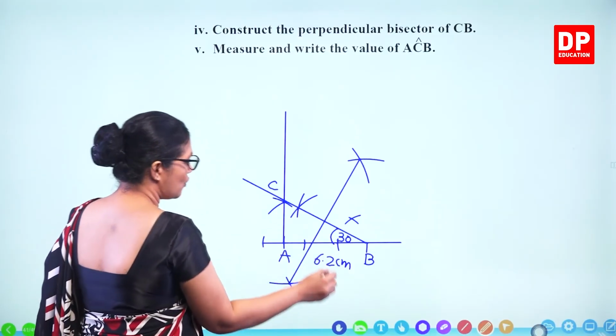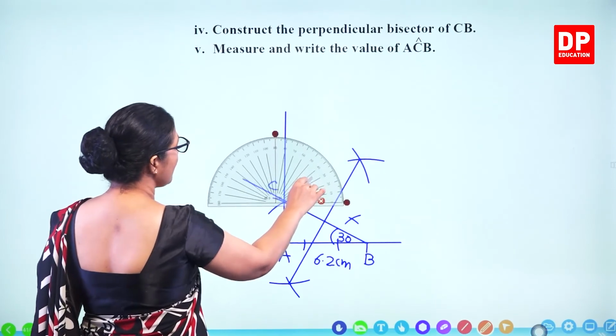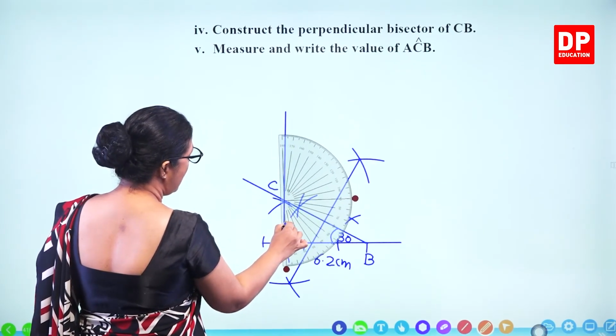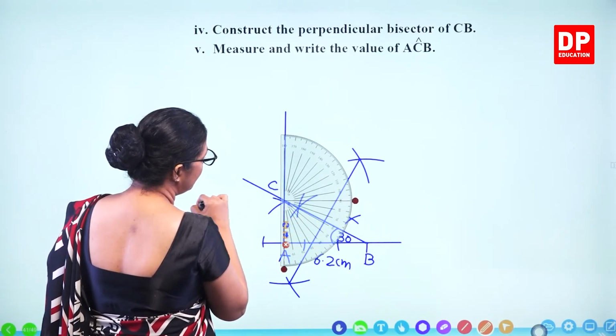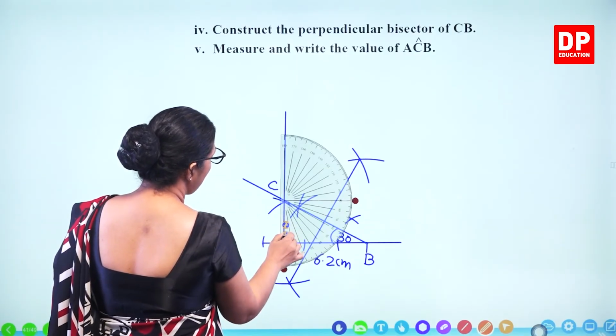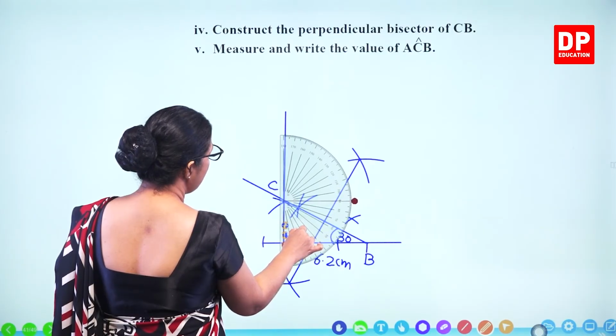ACB, this angle. So we need the protractor for that. So we can measure the ACB angle. So what's the angle here? That's 60 degrees.